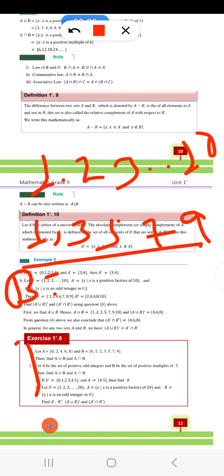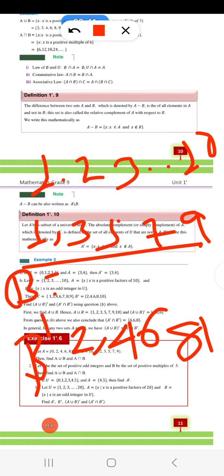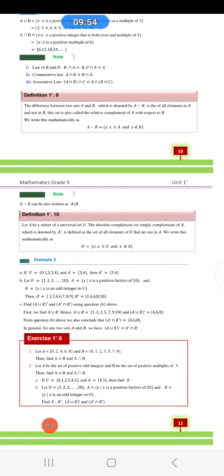Garuu B prime jechuun kan B keessatti hin hammatamne 2 4 6 8 10 jechuudha. Warreen kun maali? Kanneen B keessatti hin hammatamne yookiin B prime garuu universal set yookiin tuuta waliigalaa U keessatti kanneen argaman jechuudha. Okay.